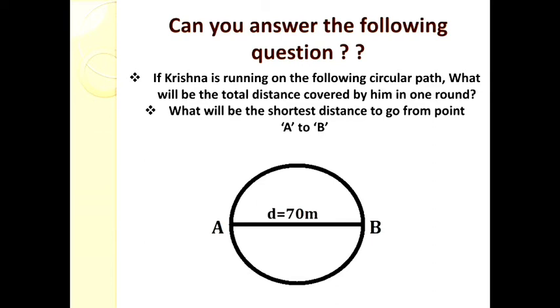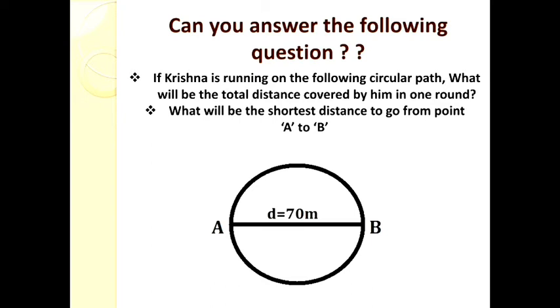And the distance covered in one round can be calculated by finding out the circumference, and the formula for the circumference is equal to 2 pi r, or simply pi into diameter.